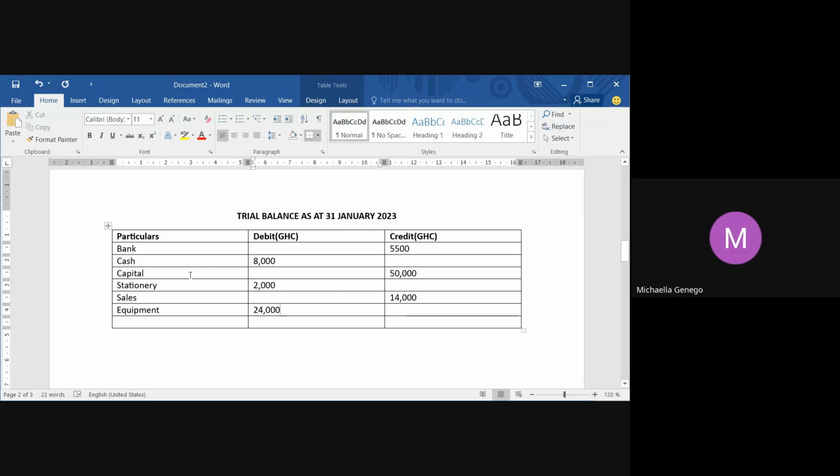What other accounts do you have? Salary accounts? Yes, we paid rent here. Prepaid rent, debit or credit? Madam, debit. What's the amount? 16,000. What other accounts? Salary account.